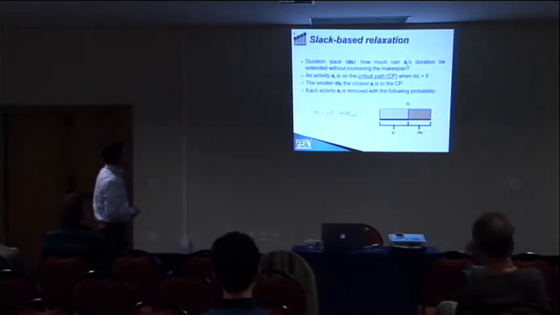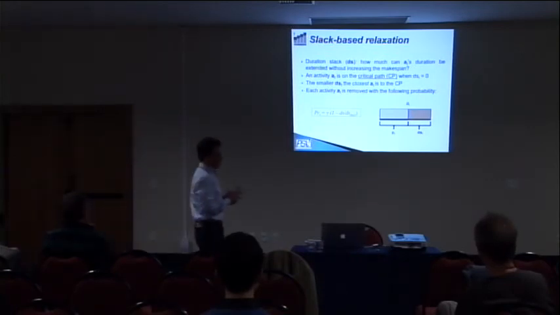So the idea is just to remove an activity with probability gamma in the case the flexibility is 0, or less than gamma according to this formula. So the smaller the flexibility, the higher the probability to be removed. But every activity has a probability to be removed.